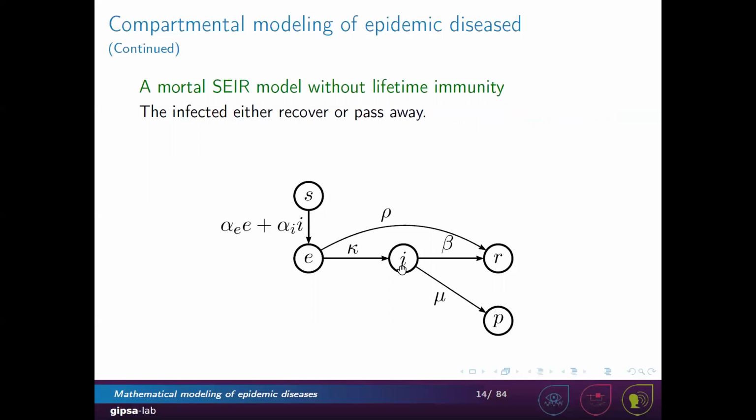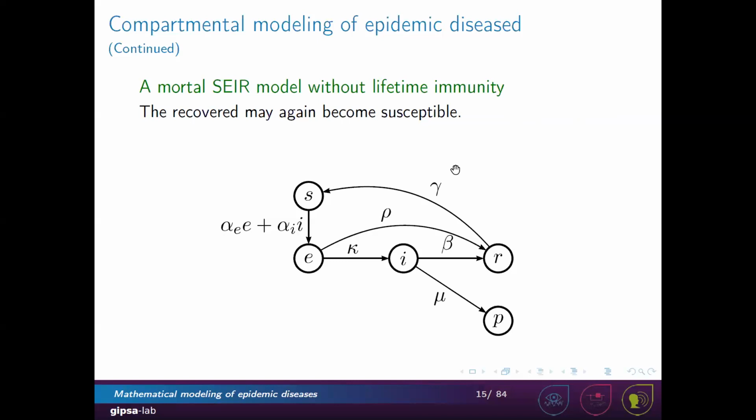When somebody is infected, again, they either recover at a constant rate of beta, or they might pass away with a factor of mu. And eventually, people who have recovered from a disease might go back to the susceptible group and again become vulnerable to exposure and infection.